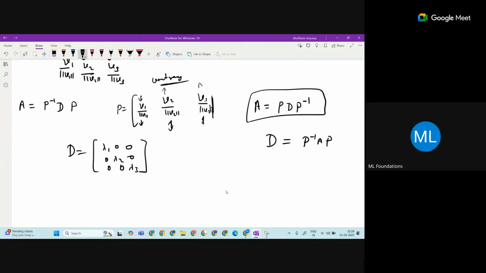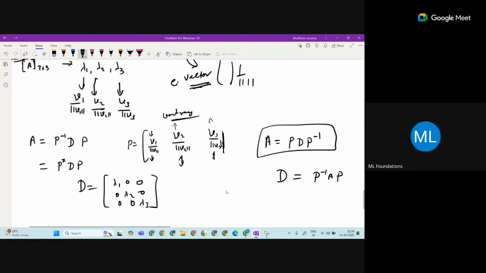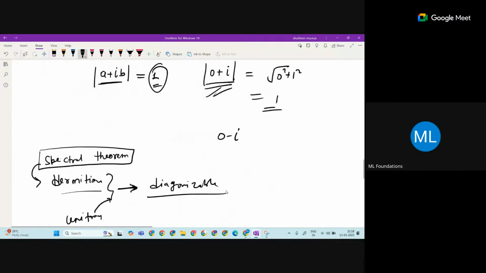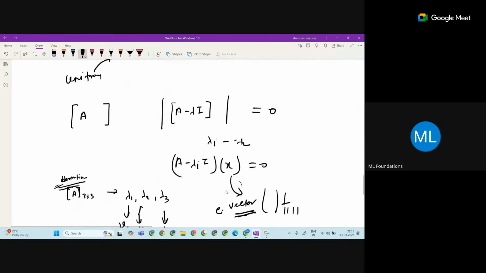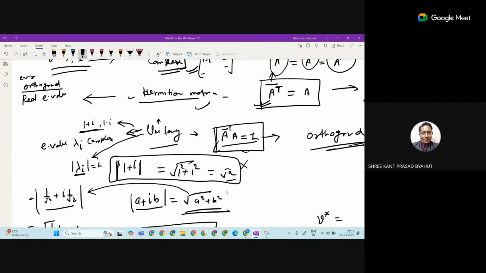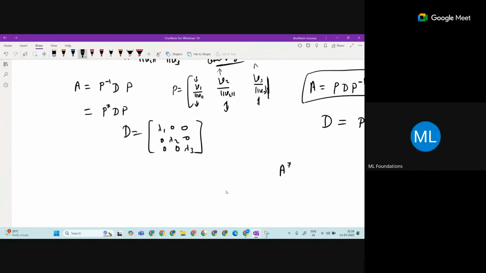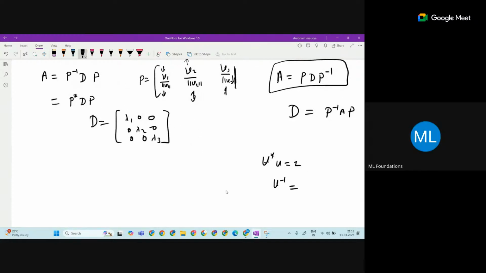In place of writing the inverse, I can write P star, so A is P star D P. Because a unitary matrix satisfies U star U equal to identity, meaning U inverse is nothing but U star.